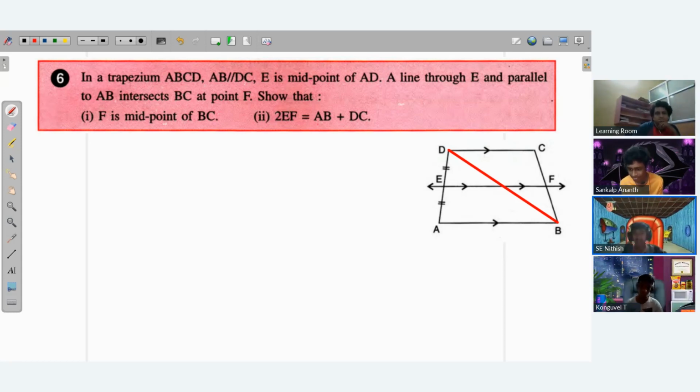Can I say that the point where DB and EF intersect is the midpoint of D and B? How? I don't know how, but that's right. But what is the reason? I don't know. E and F are midpoints. That I know. F is not a midpoint, I don't know. E is a midpoint.